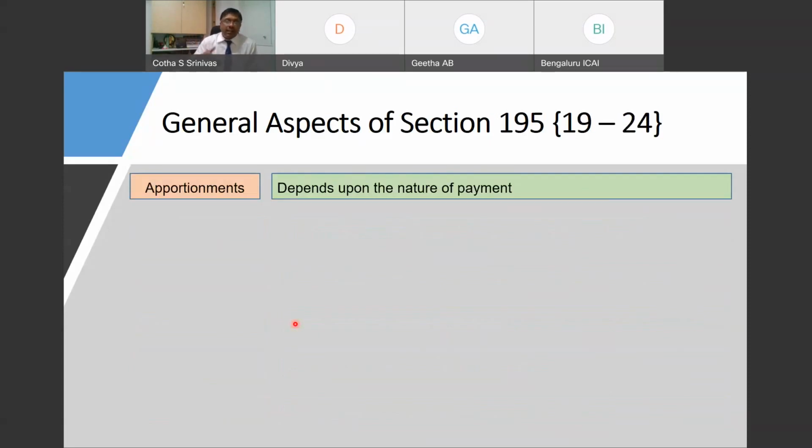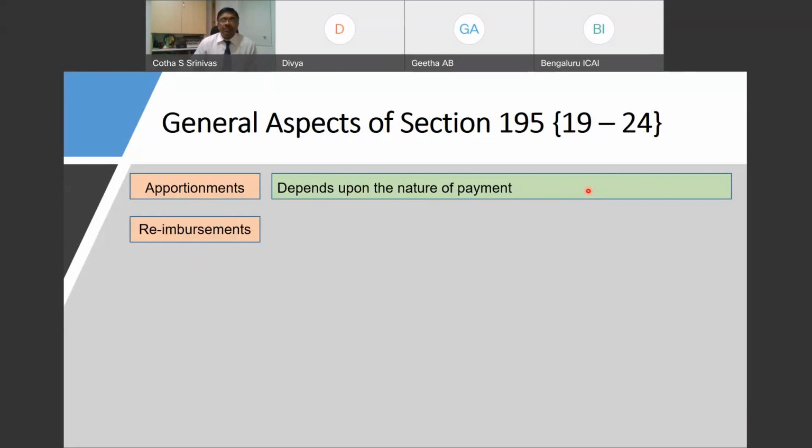So whether this apportionment is outside the purview of TDS or is subject to TDS as such, whatever the apportionment is made, we have to see the nature of payment. If the nature of payment is subject to TDS, even if it is an apportionment of expenditure, even if the subsidiary company is making payment to its group company, TDS is applicable.